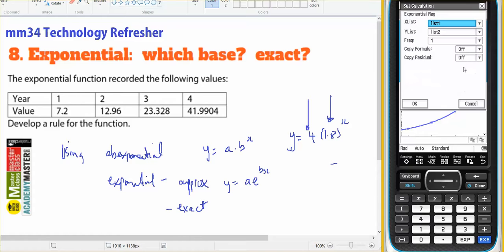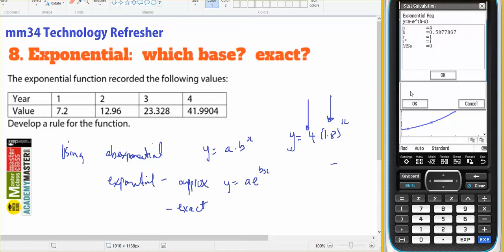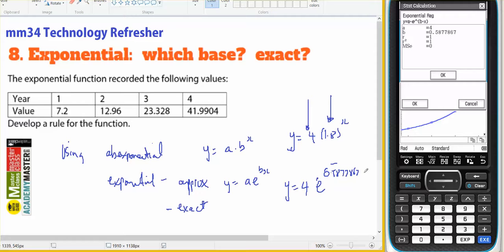Well, that's going to use the general form, which is a e to the bx, and it's using base e, whereas ab exponential uses base b. Okay, and oh, it didn't give me exact numbers, did it? So y equals 4e to the 0.5877867x. That's a bit of a shame.